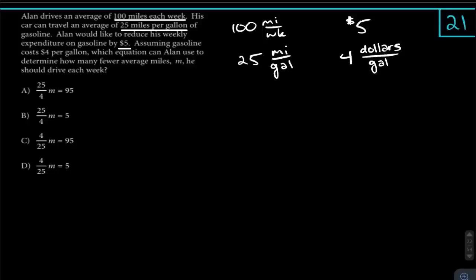And we're trying to see, well, how many fewer average miles should he drive each week? Okay? So we want to have some M miles. We want to drive some M miles fewer to where we are saving $5.